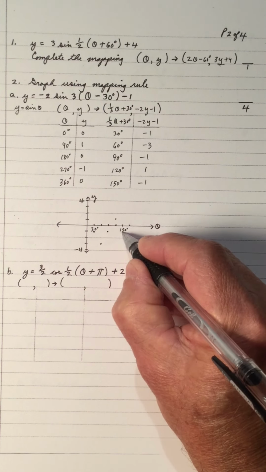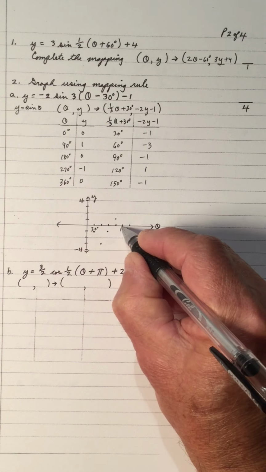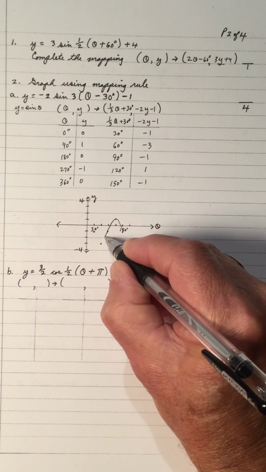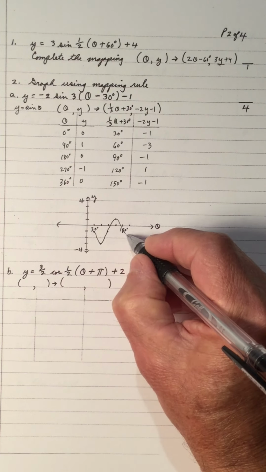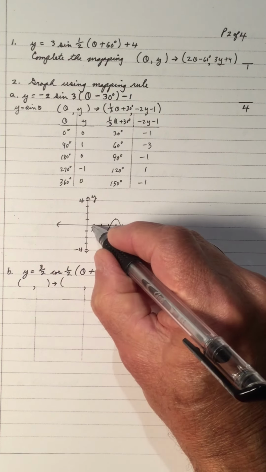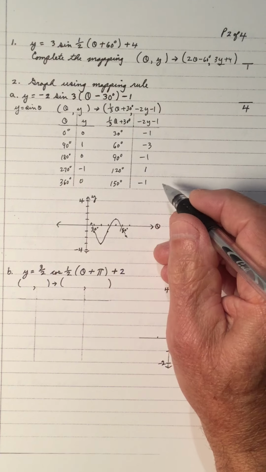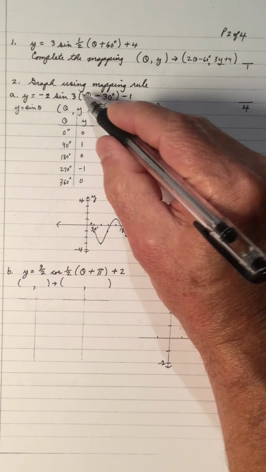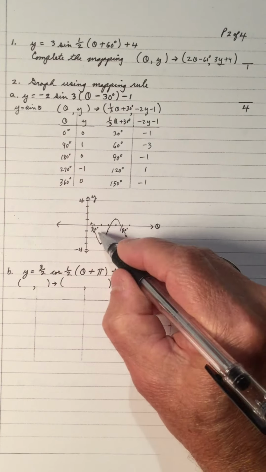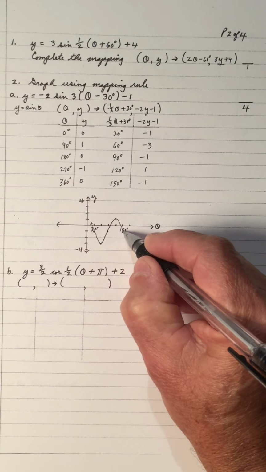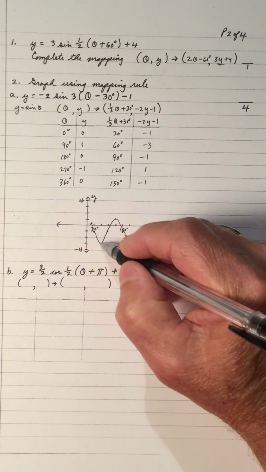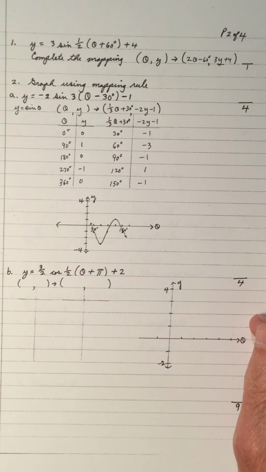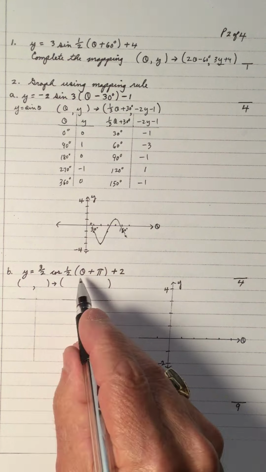And 150 is negative 1. So we have a sideways S, and it continues on like that in both directions, following this pattern. You can see we have the sinusoidal three points right here, 1, 1, 2, 3, and the sine's negative is going down. Perfect. Makes sense.